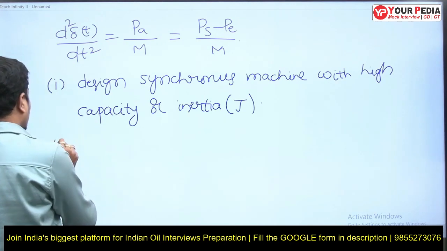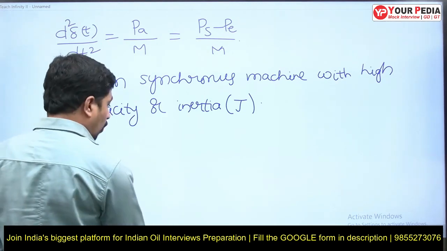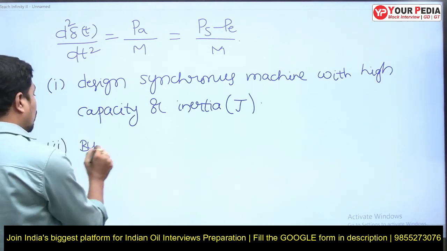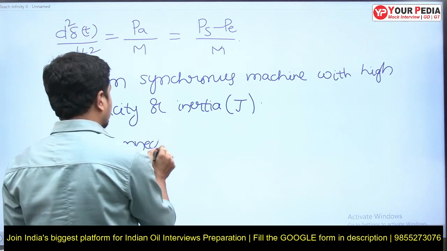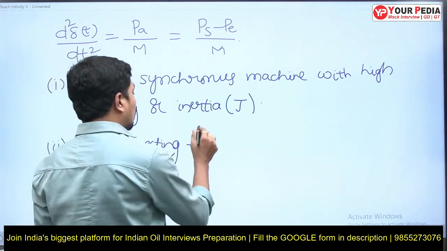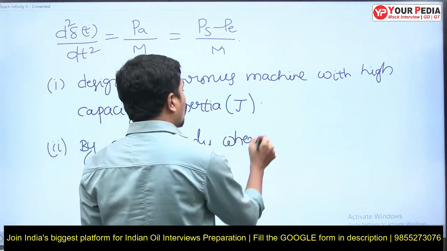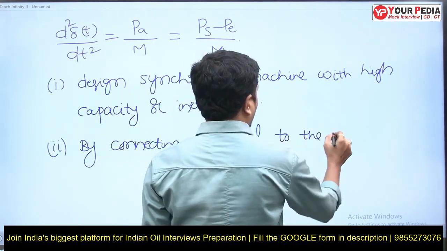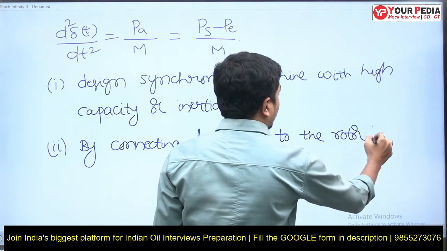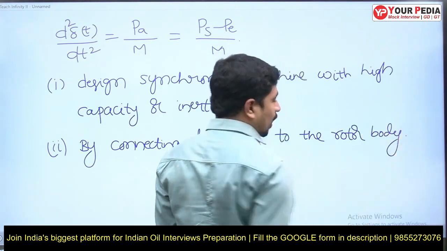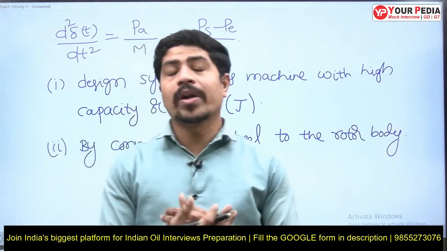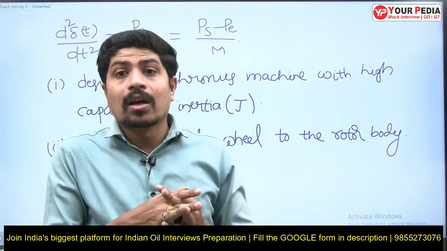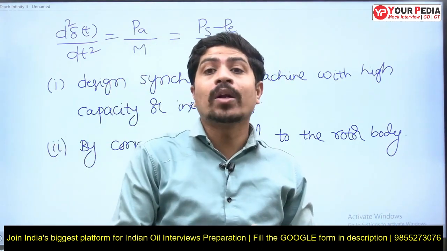The second thing is connecting a flywheel to the rotor body. A flywheel is a huge mass. You may think, sir, if we connect that much huge body, it is going to be a burden on the turbine.